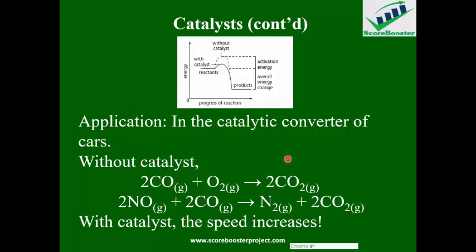CO will just be ordinarily released into the atmosphere through the exhaust of the cars. That is air pollution. So with a catalyst, as this one is taking place, this one is also taking place, so we have CO2 being released into the atmosphere. So the catalyst speeds up the rate of reaction, and that is what we have for today.